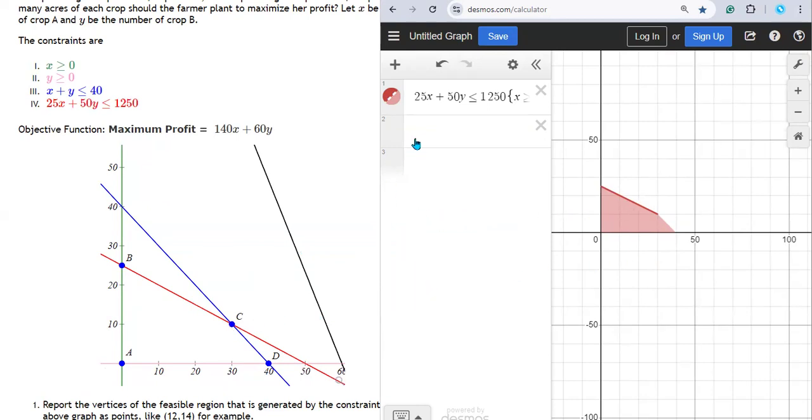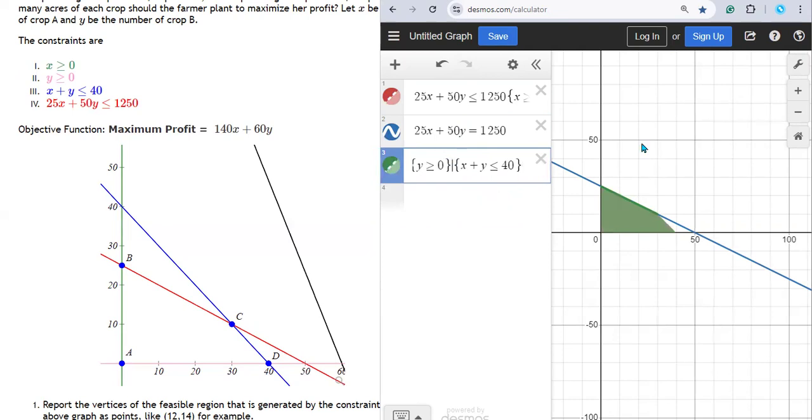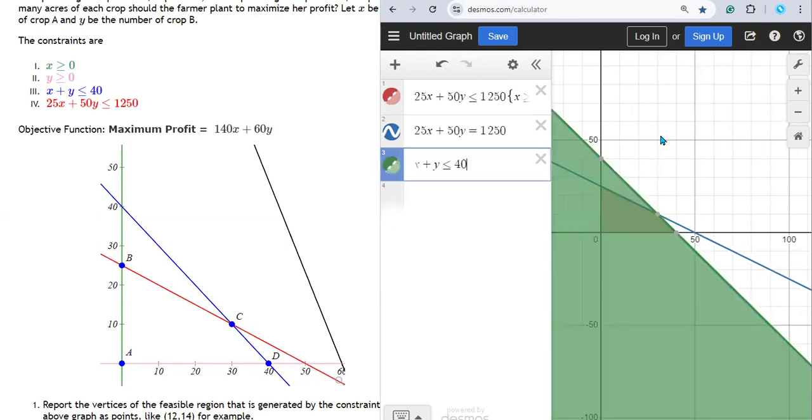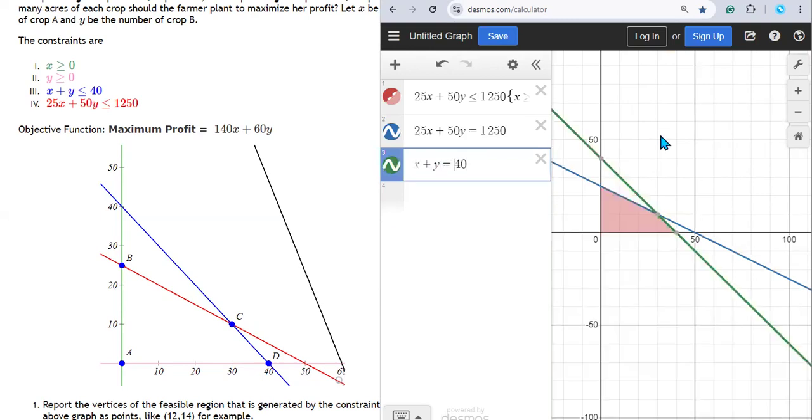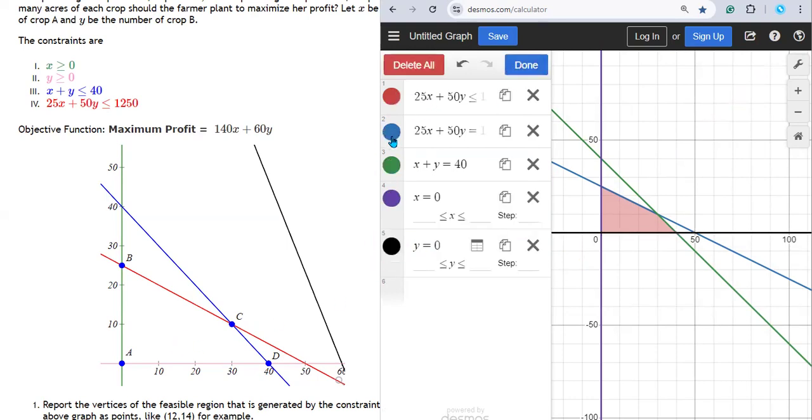Now, there's another trick you can do. Change this to equal to. Change this to equal to. Then you have x equal to 0 and y equal to 0. I'll change the colors of these lines.